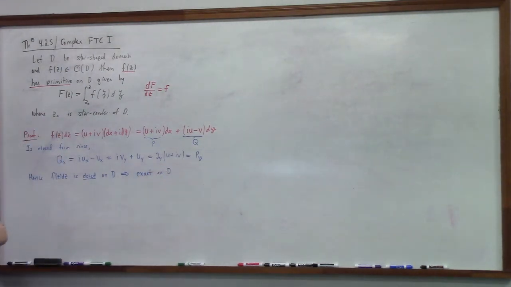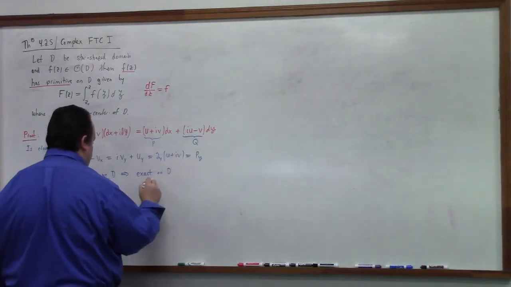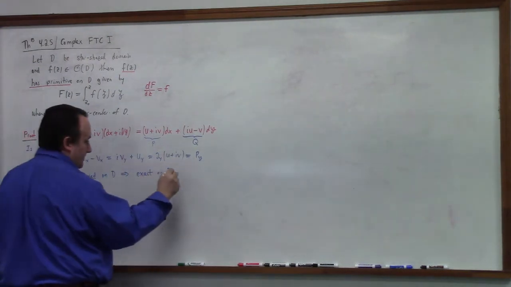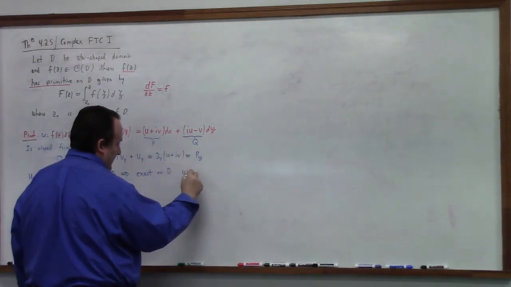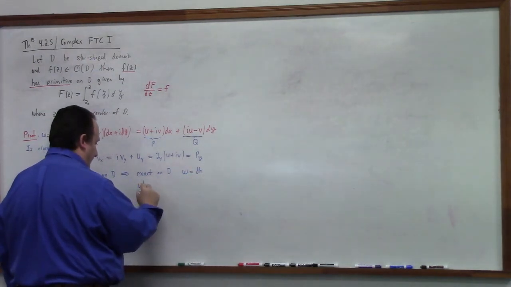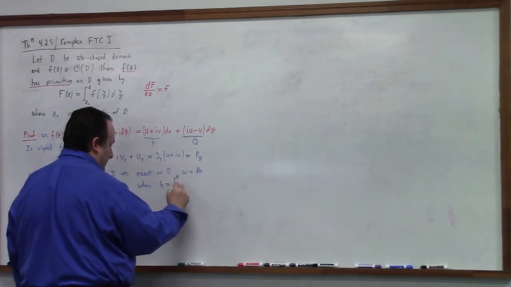And what was the formula? Remember the formula for the potential? Our proof in theorem 3.10 was what? If this thing is omega, then omega is equal to dh, where h was the integral from z naught to z of omega.